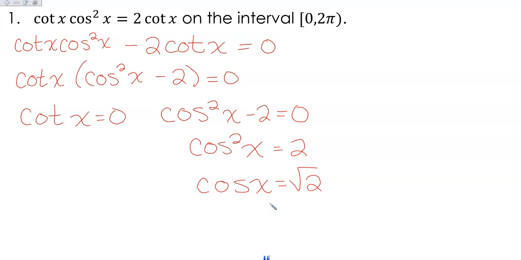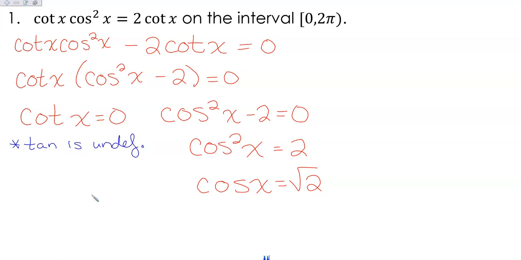All right, so we are going to start over here with our cotangent of x. So remember that cotangent is the reciprocal of tangent. So if I have a 0 in the numerator, I want my tangent to have a 0 in the denominator. So where we're looking on the unit circle is where my tangent function is undefined.